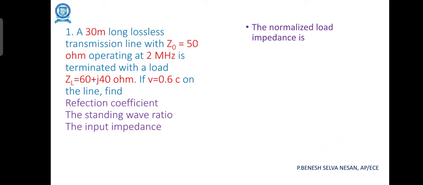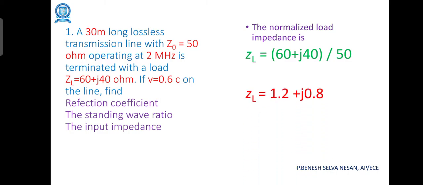The normalized impedance is ZL equal to 60 plus J40 divided by 50. Dividing 60 by 50 we get 1.2, and 40 by 50 is 0.8. So the normalized impedance value is 1.2 plus J0.8.